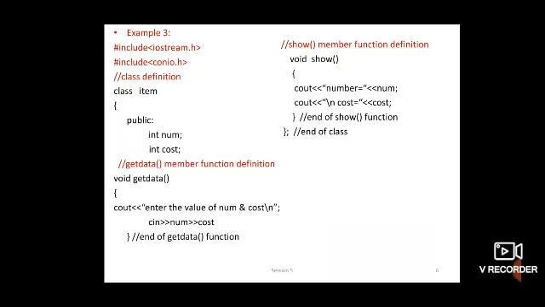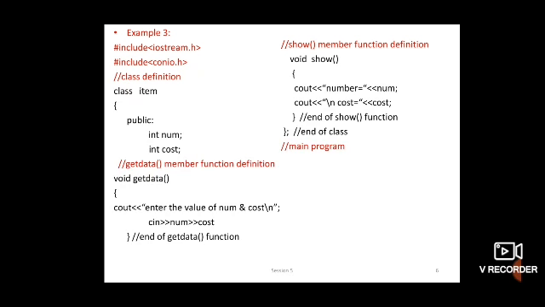Then first declare the member function in main under class. So inside the class, that is not necessary. Directly you write the member function, whatever code, just write it down. Okay, so end of this class.